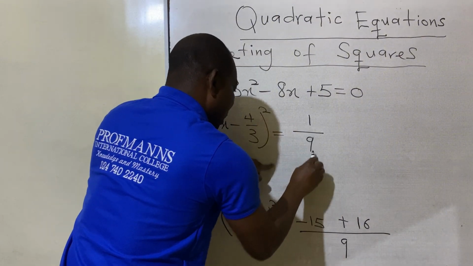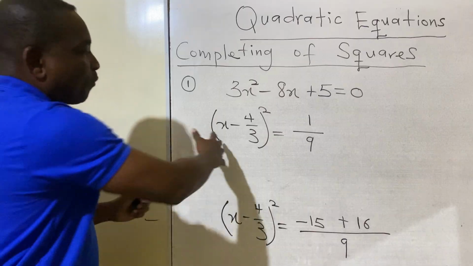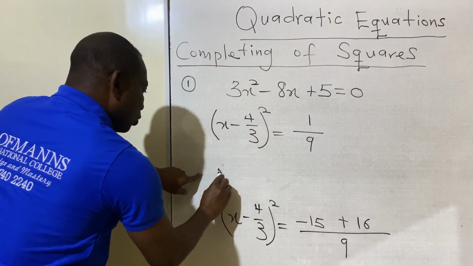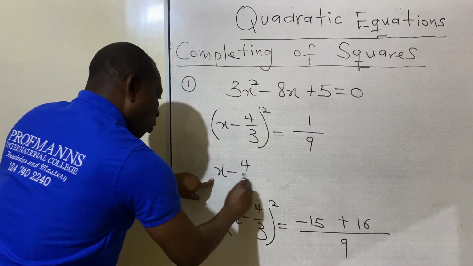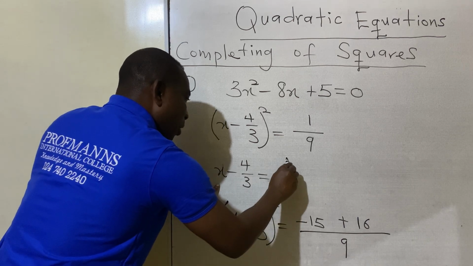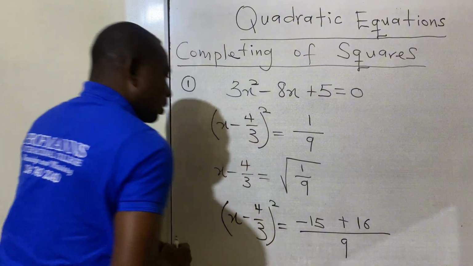Okay, so we need to find the square root of both sides. When we find the square root of both sides, we are going to get x minus 4 over 3 is equal to the square root of 1 over 9.